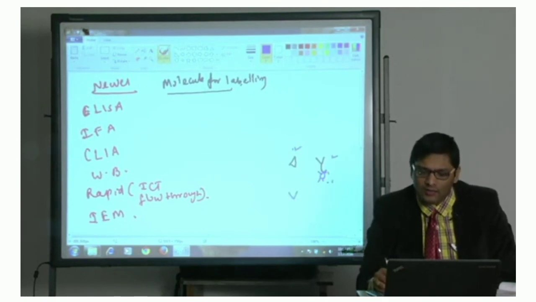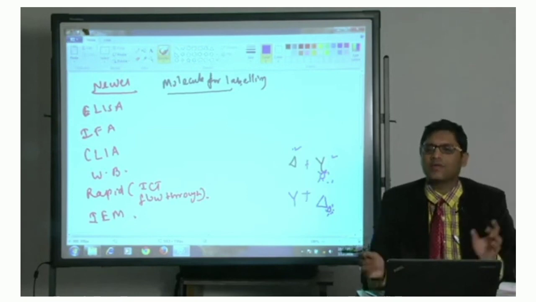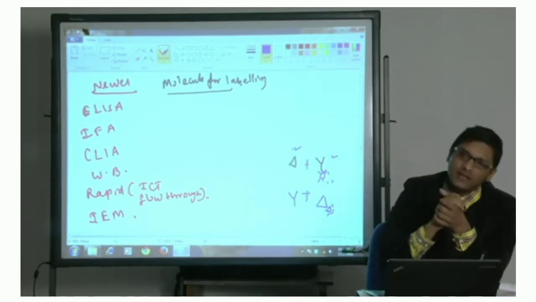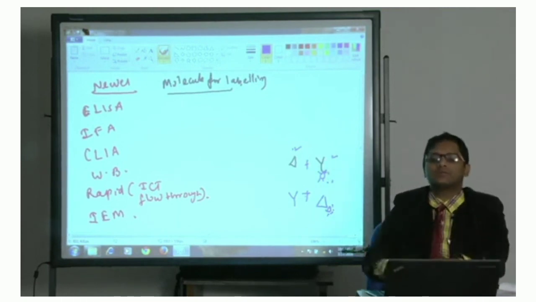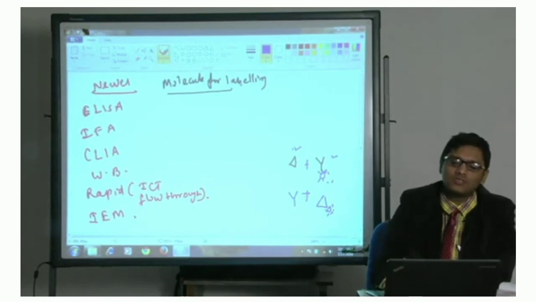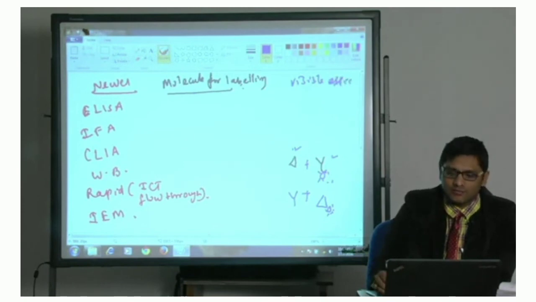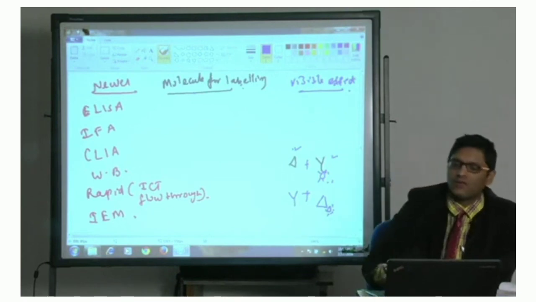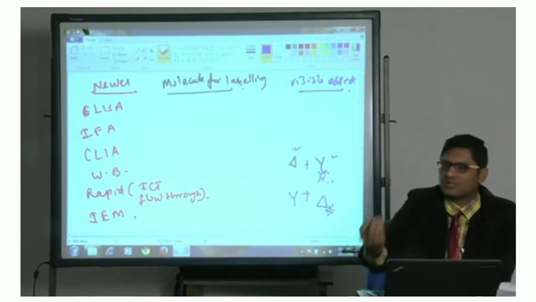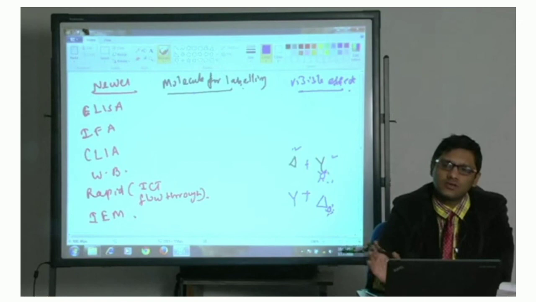If you want to detect antibody in the specimen, you coat antigen with a detector molecule. When the antigen antibody reaction takes place, because of the detector molecule you can visualize the reaction. So these methods vary from each other either by the molecule used for labeling, or by how you are going to visualize the reaction, whether it is a color change or a fluorescence. These are the points based upon which they differ.